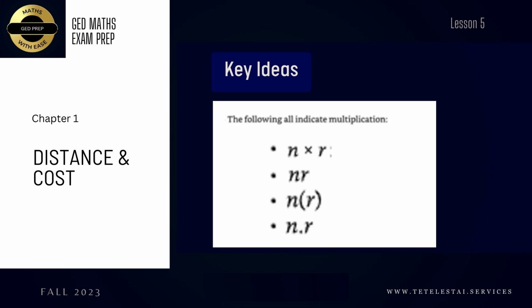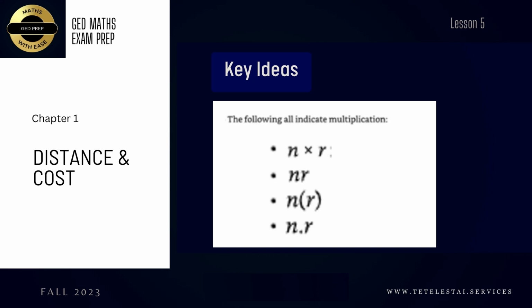This notation is very common when you're dealing with functions, and we'll get to that later on in the semester. But when you see n written outside of parentheses and r inside the parentheses, they're telling you that r is a function of n, and that you need to multiply n by r, okay?